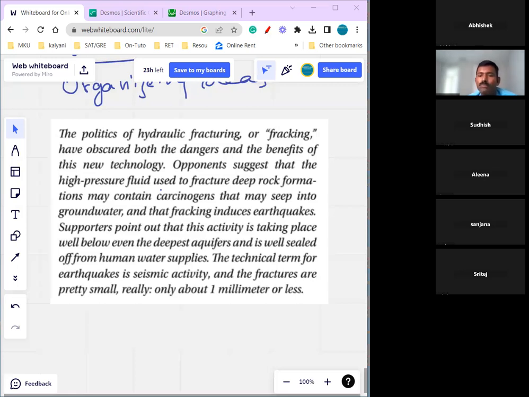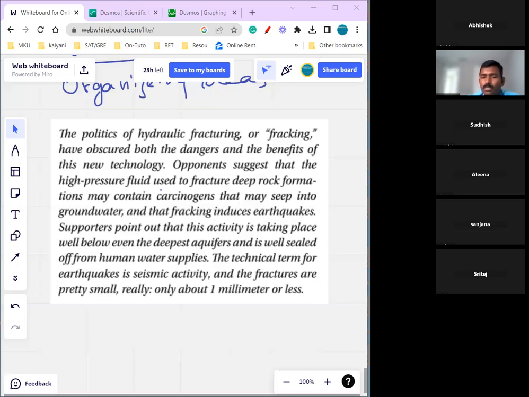So if I want to revise this entire paragraph and write it out together, I can say, to point out, the activity induced by fracking is minimal. The vast majority of the fractures are less than 1 millimeter wide.